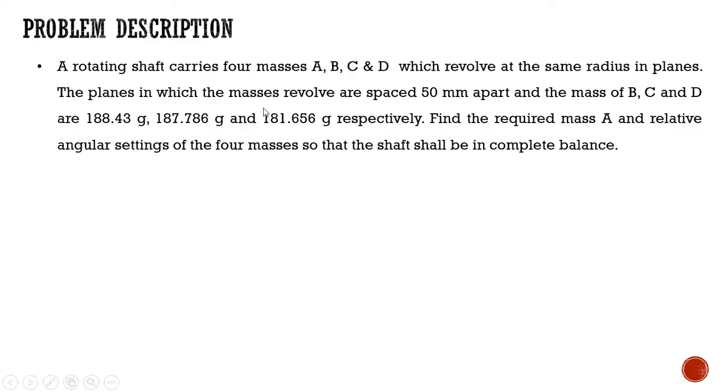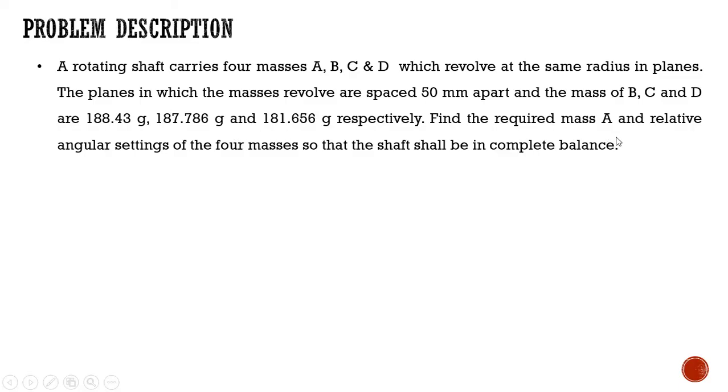Then the planes in which the masses revolve are spaced 50 mm apart. That is, planes are positioned equidistant from one another. The masses of B, C, D are provided, and they are 188.43 gram, 187.786 gram, 181.656 gram respectively.